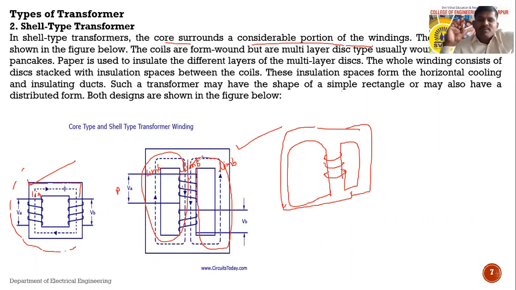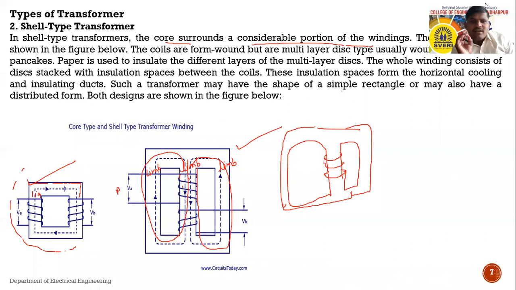Okay, so this is the difference between core type and shell type. Getting it? लक्षात आलं का? In case of core type, winding encircles the core, म्हणजे कोरच्या भोवती वाइंडिंग आहे. In case of shell type, some portion of the winding will be encircled by the core, म्हणजे काही पोर्शन वाइंडिंगचा कोरनं काय केलं आहे, encircles केले और सराउंड्स केलेलं आहे. ओके, getting the difference?